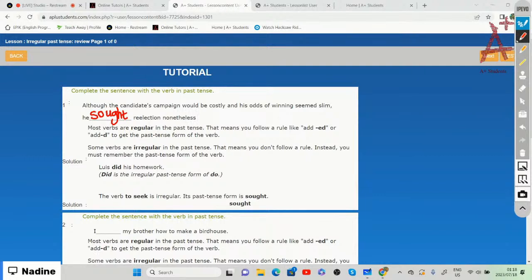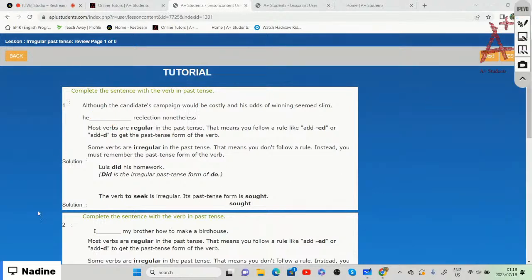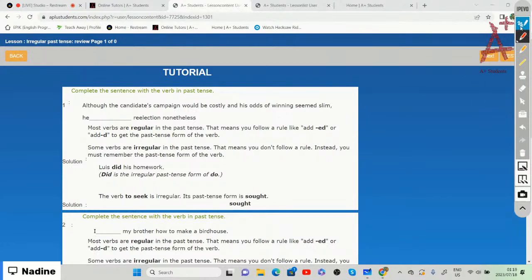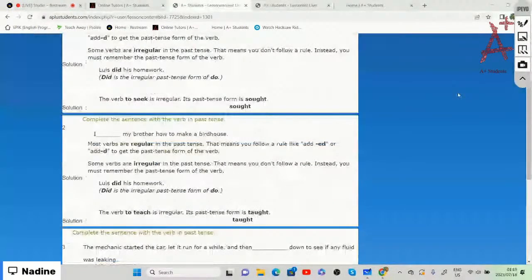And there we have our correct word, which is sought. And the fact that the word changed from to seek to sought really shows that it is an irregular verb, because an irregular verb does not follow specific rules.